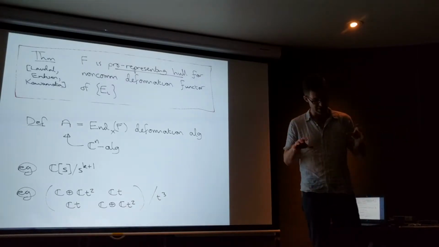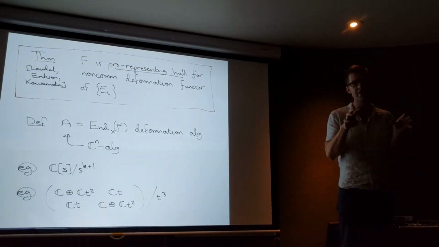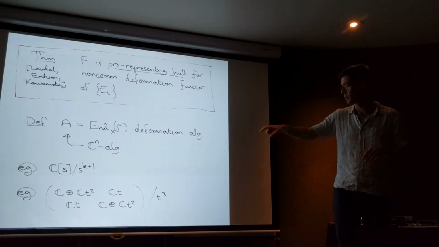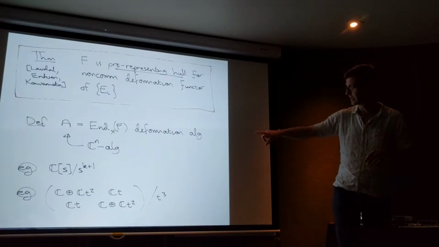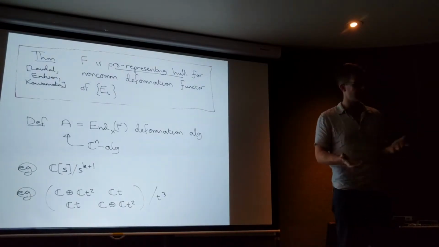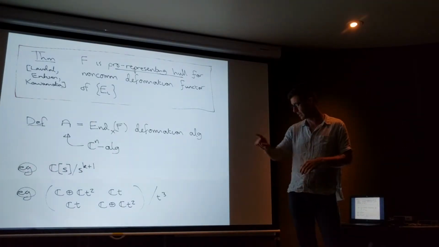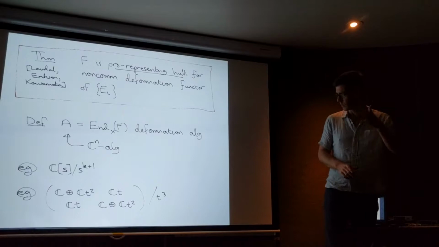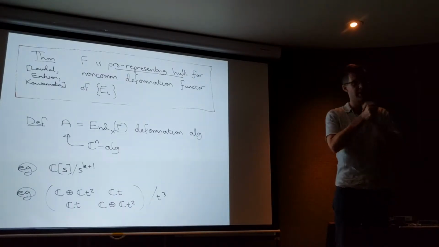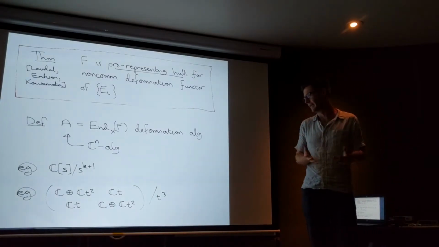And so those elements, what this matrix notation is saying is if you compose them the right way round, you'll get one of the T squares on the diagonal. So that's what this notation means. It's a 6-dimensional algebra. T cubed is 0, so there's nothing more than those 6 one-dimensional subspaces I've written there. And I want you to think of this as the non-commutative deformation algebra, but what does that mean?